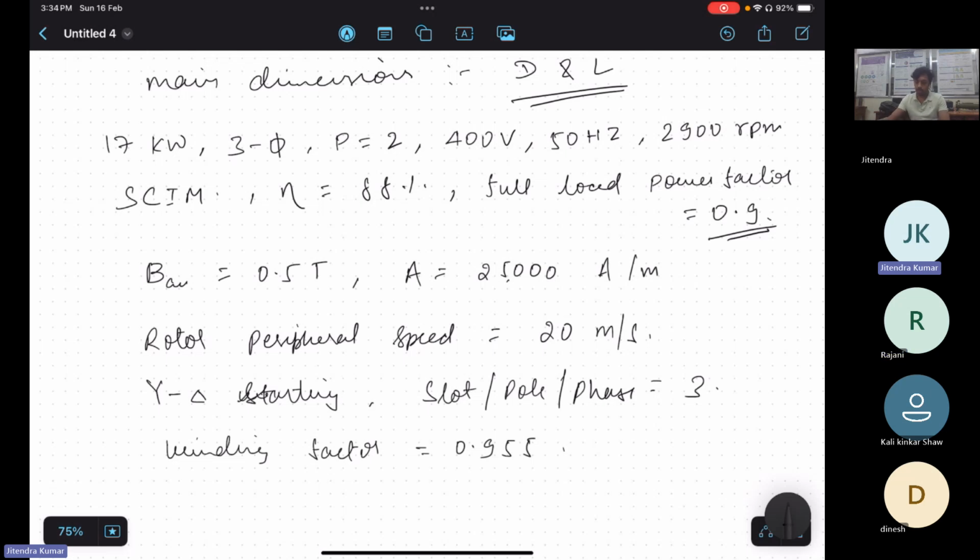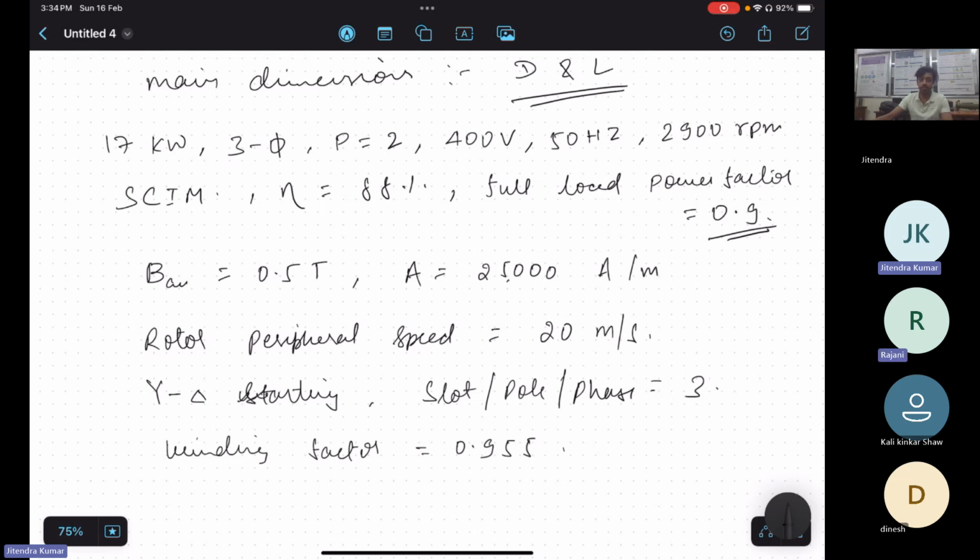Now we have to calculate the dimensions. How to proceed, and what should be the expression where this dimension will come into the picture? In torque, we know D square L is there.